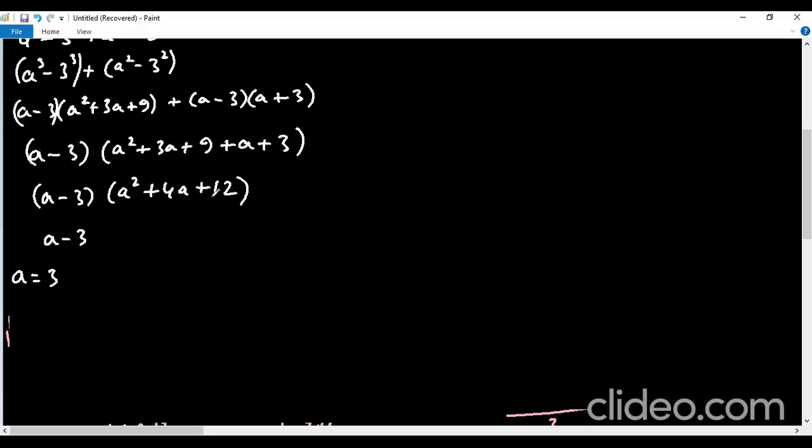So in here, using a quadratic formula, what we will use is a equals 1, b equals 4, and c equals 12. First we find out the discriminant here. B square minus 4ac is going to give us, that means 16 minus 4, a is a 1 and c is a 12.